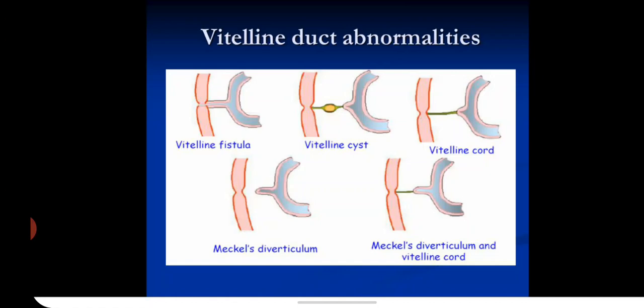Instead of undergoing total complete resorption, sometimes many abnormalities may be present. A total communication of the small intestine to the umbilicus may be a vitelline fistula, or a vitelline cyst. Meckel's diverticulum is the persistent proximal part of the vitellointestinal duct.